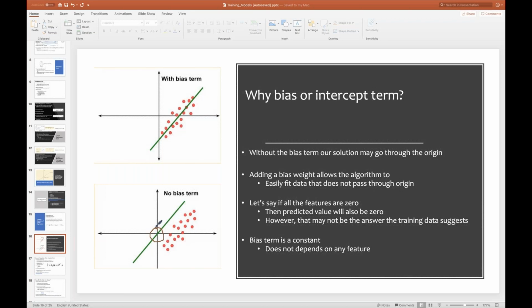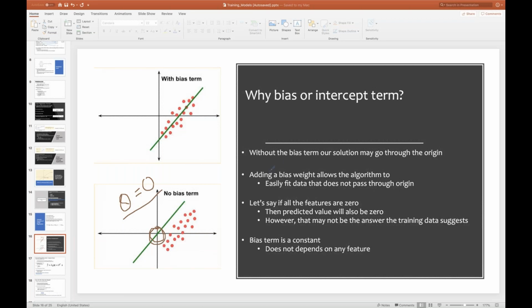Now, adding a bias weight allows the algorithm to easily fit data that does not pass through the origin. In the slide just before, I showed you what happens if theta is equal to 0: your assumptions start from this point.